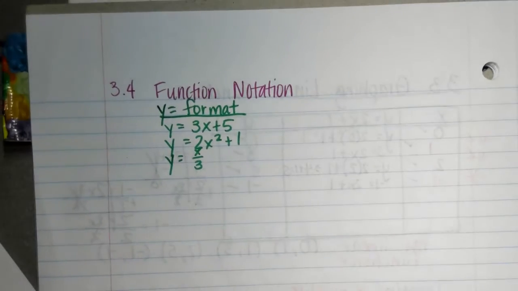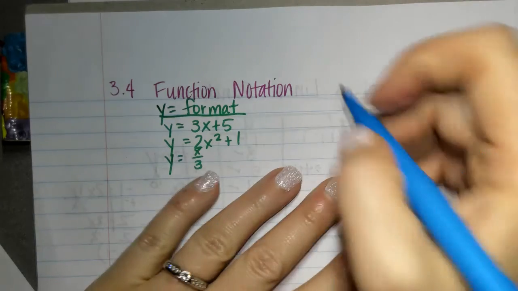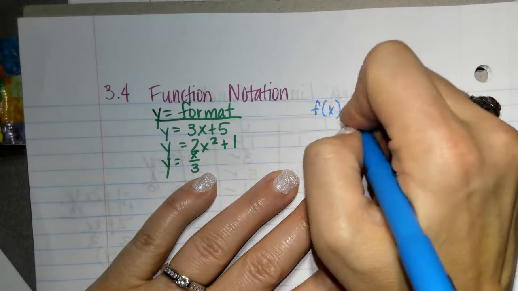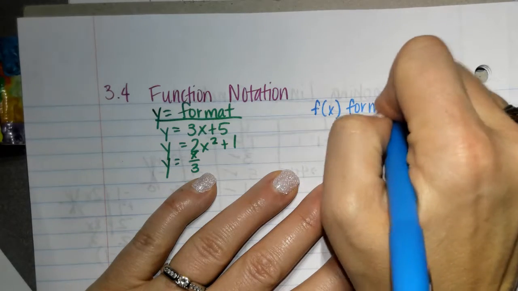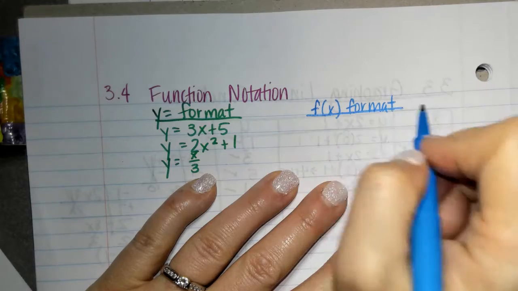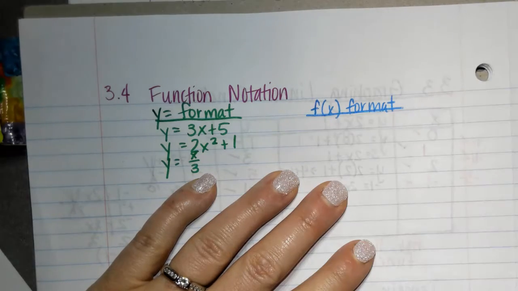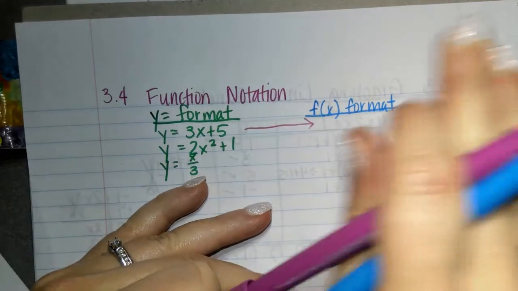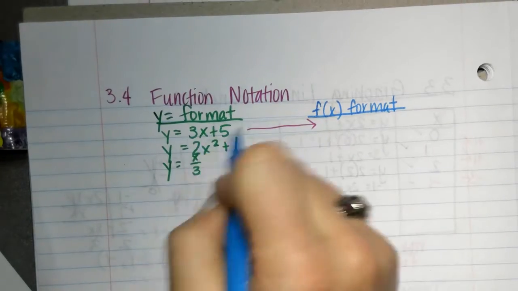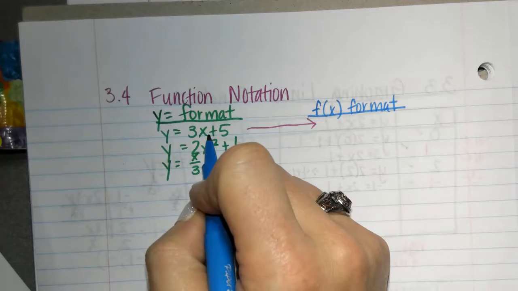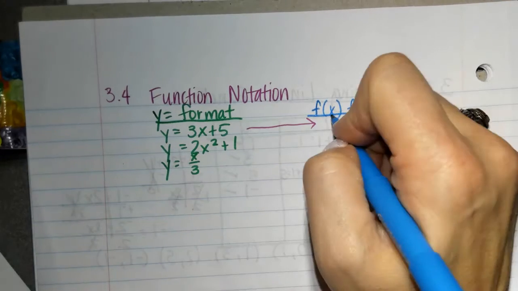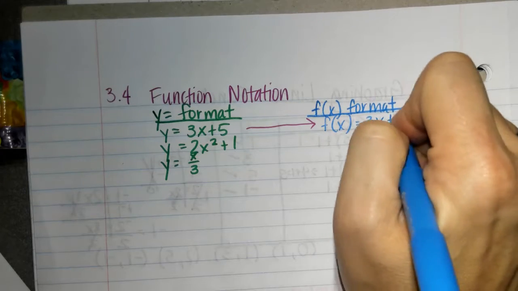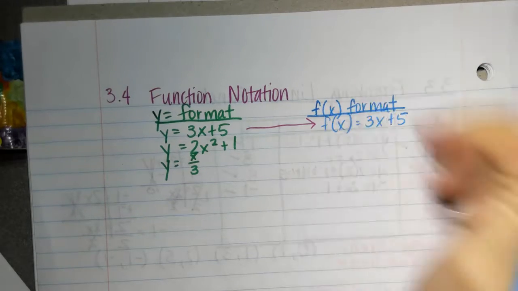Well, there's another way we can write functions, and I kind of touched on this the other day, but it's called the f of x format. This function in the y equals form will be written this way in the f of x form.